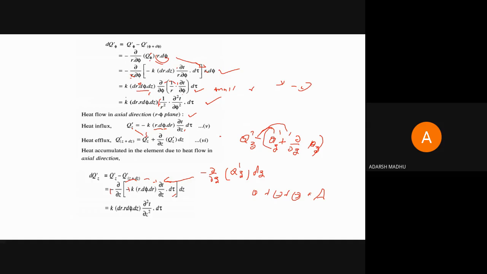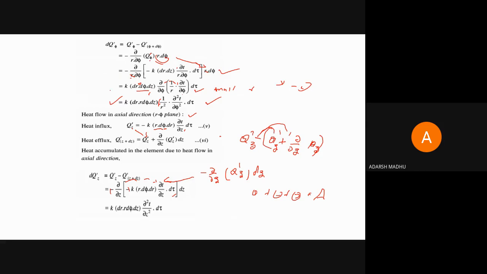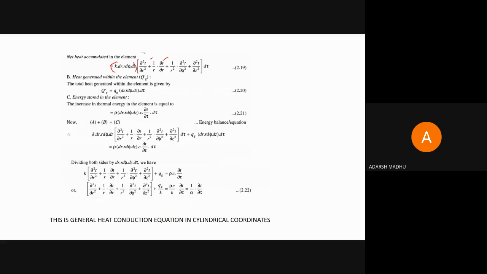For the third equation, the only remaining term is dou square t by dou z square. The common term d tau is taken outside. So that is the A part of the equation we have completed.